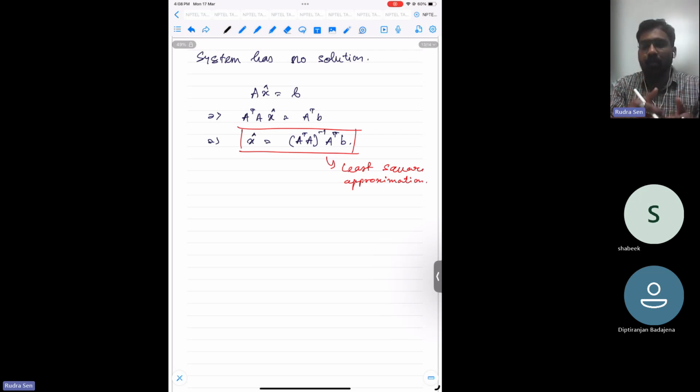design an orthonormal vector. If two or more than two vectors are linearly independent, we can make them orthogonal to each other, and by dividing by its norm, we can do the orthonormality. So Gram-Schmidt is the one thing by which we can do the orthonormal solution.